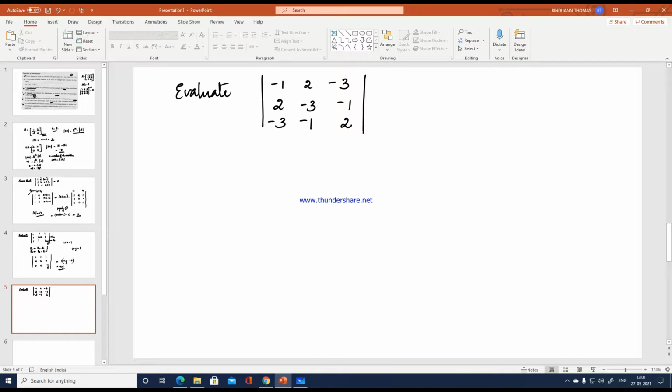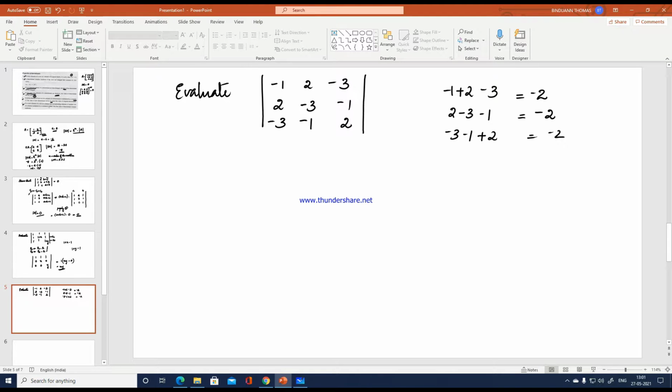So what we can do is, to the column 1, when you add each element, that is minus 1 plus 2 minus 3, what will you get? So it will be 1 minus 3, you will get minus 2. The other expression 2 minus 3 minus 1 will be 2 minus 4, that is minus 2. Now, minus 3 minus 1 plus 2, what will be the answer? Minus 2. So we are making the first column elements similar.